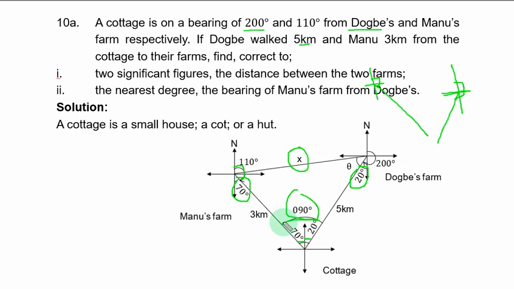From the question, Dogbe walked 5 kilometers from the cottage to his farm, and Manu walked 3 kilometers from the cottage to his farm. So let's find the distance between the two farms using Pythagoras rule.